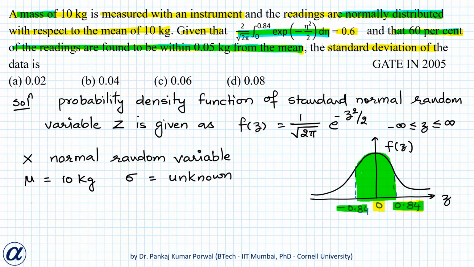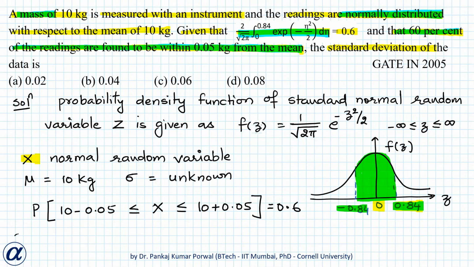That means the probability that our random variable X will lie between 10 minus 0.05 and 10 plus 0.05 kg is 0.6, or I can simplify this as the probability of 9.95 less than or equal to capital X less than or equal to 10.05 is equal to 0.6.